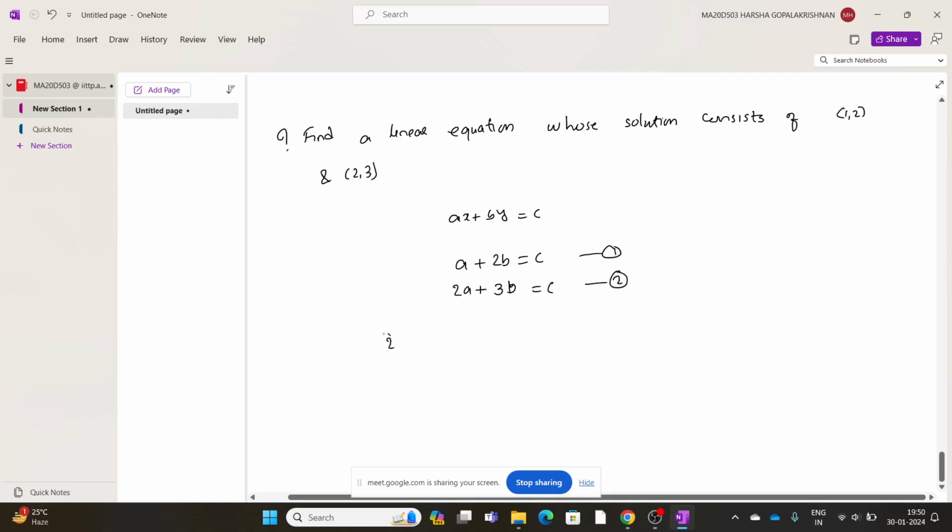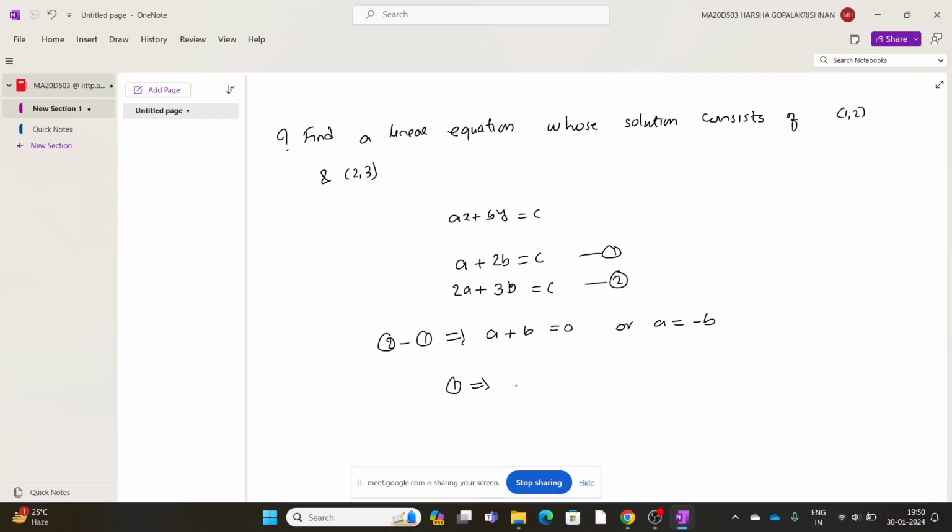Now if we do equation 2 minus equation 1, what we will get is a plus b equal to 0, or a equal to minus b. Now if we substitute this into equation 1, a plus 2, instead of b I can substitute minus a, equal to c.